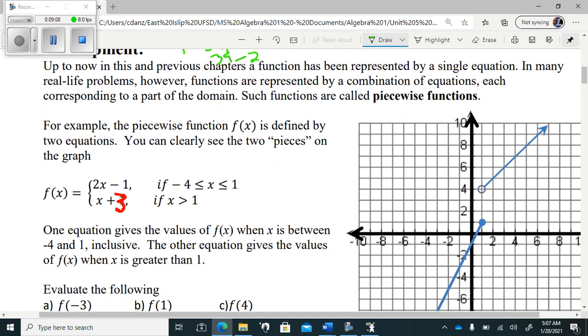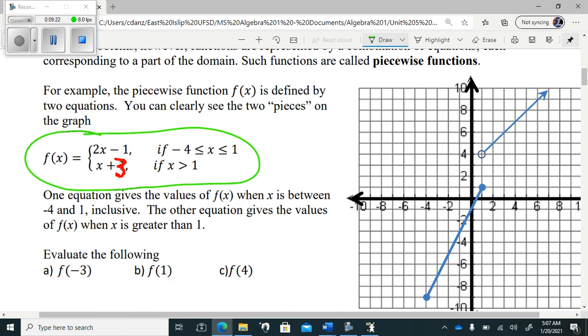So this piecewise function had a typo in your book. If you could please make sure you change your function to look like mine. And I'm going to show you how they graphed it. So notice, looks like there's two pieces, right? It's got the squiggly bracket here to show that there's a few things that we need to graph.